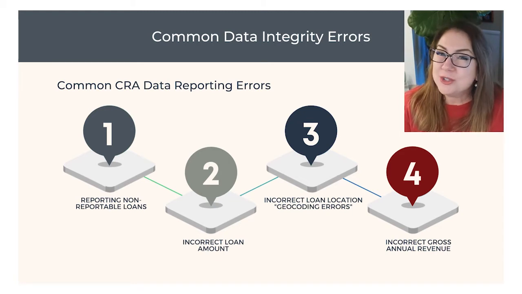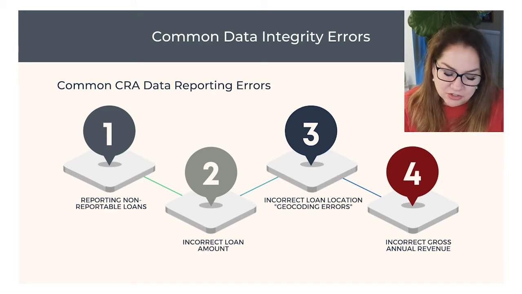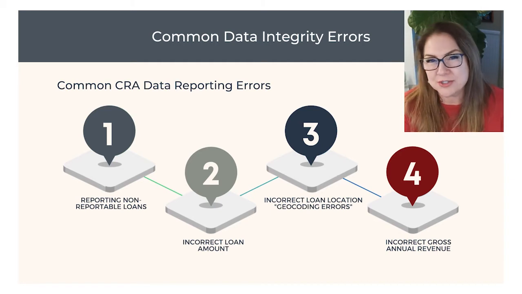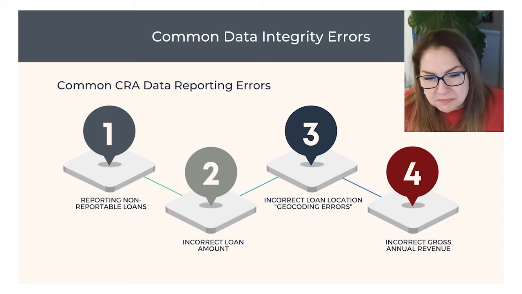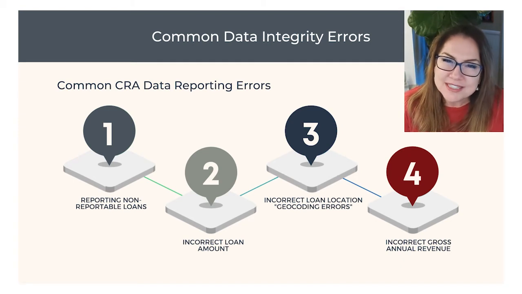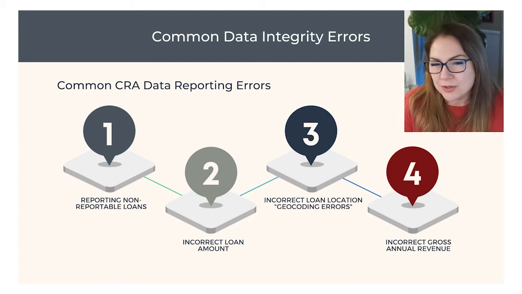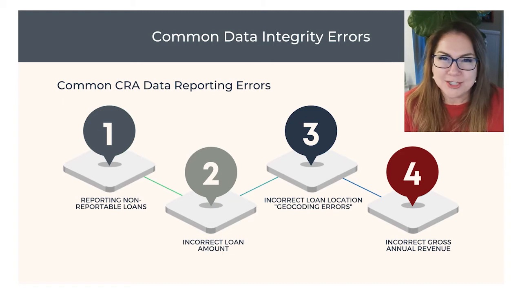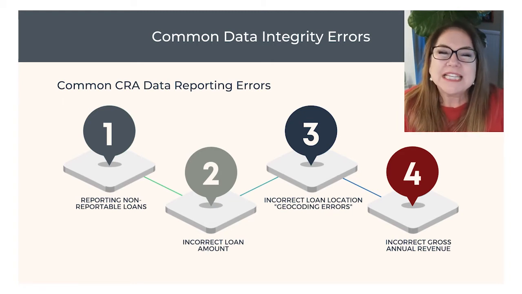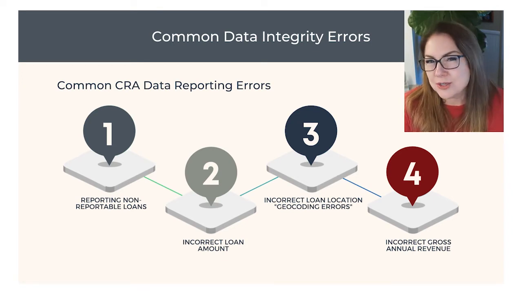Really make sure that you follow up and look at the rules around refinancing and renewals to make sure that they're in fact reportable, and make sure that you triple check your loan list to make sure that you have the proper categories. So again, one of the most common ways that we get tripped up with CRA data integrity is reporting non-reportable loans.